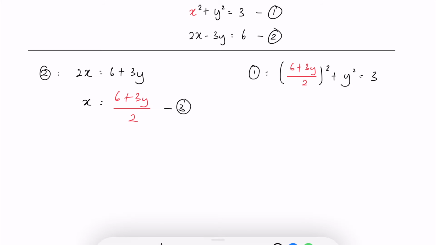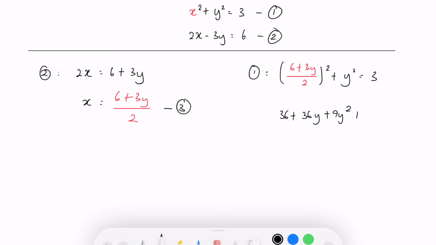Now, let's simplify. On the top, you'll get 3 terms. That's 36 plus 36y plus 9y squared, all over 2, by the way.